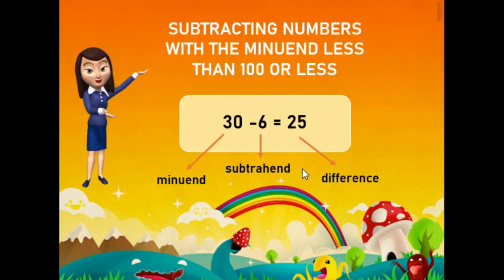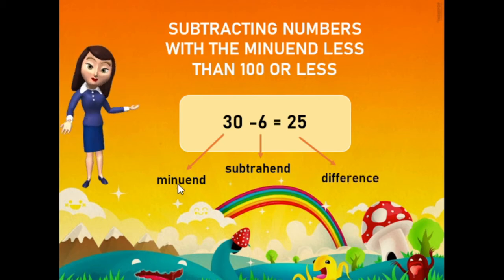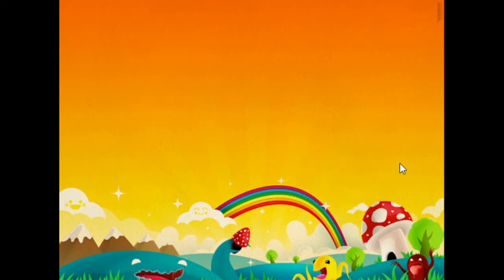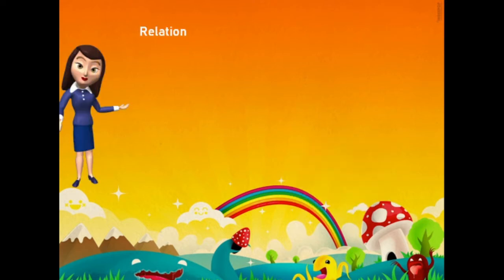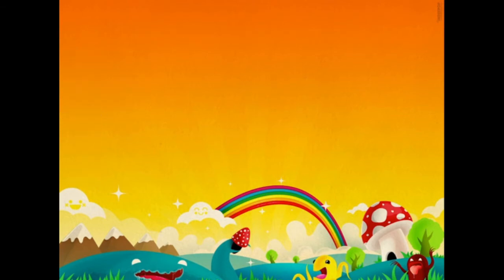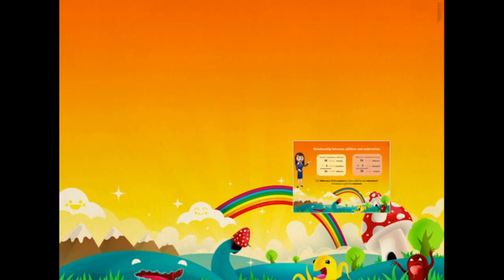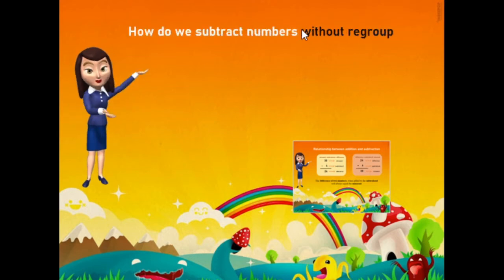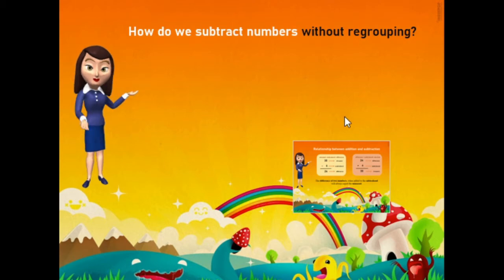These are the parts of the subtraction process: minuend, subtrahend, and difference. How do we subtract numbers without regrouping?